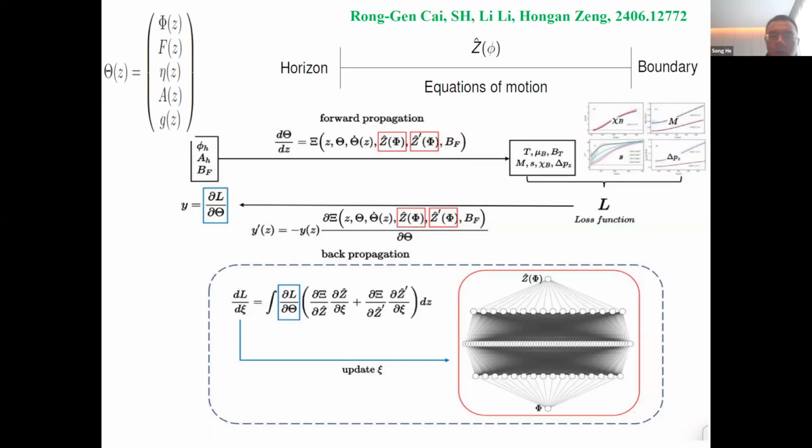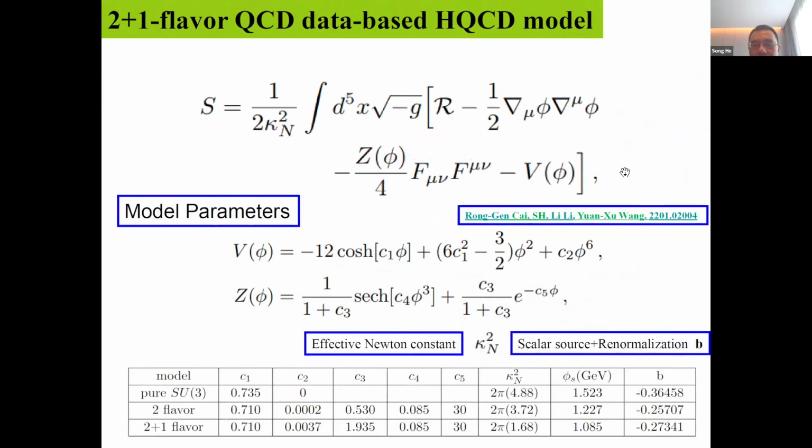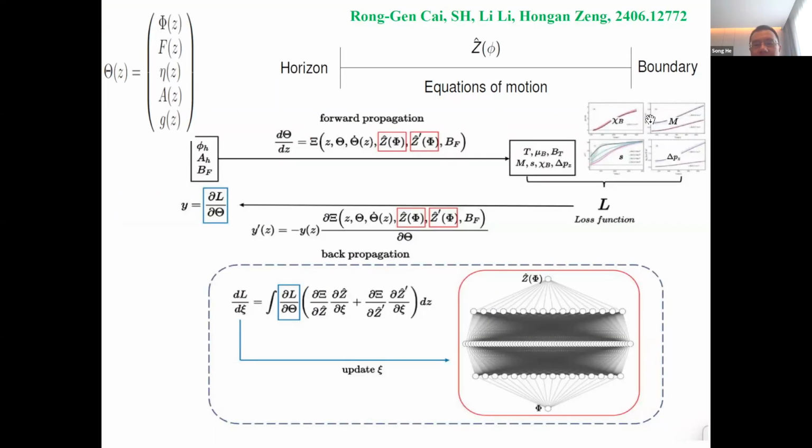For each data set, for example entropy and pressure, to define the loss function, we have to introduce some so-called probability for entropy in the whole data, and also for the pressure, and combine all of them and unify the four different data sets. But these are independent thermodynamic properties.